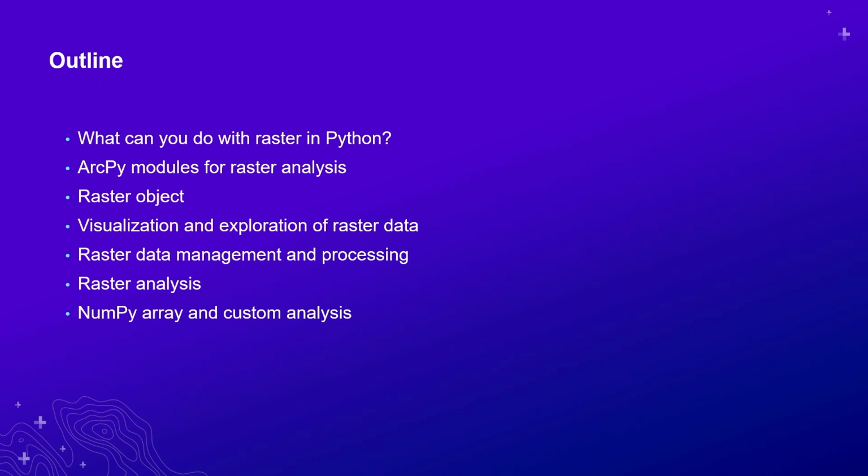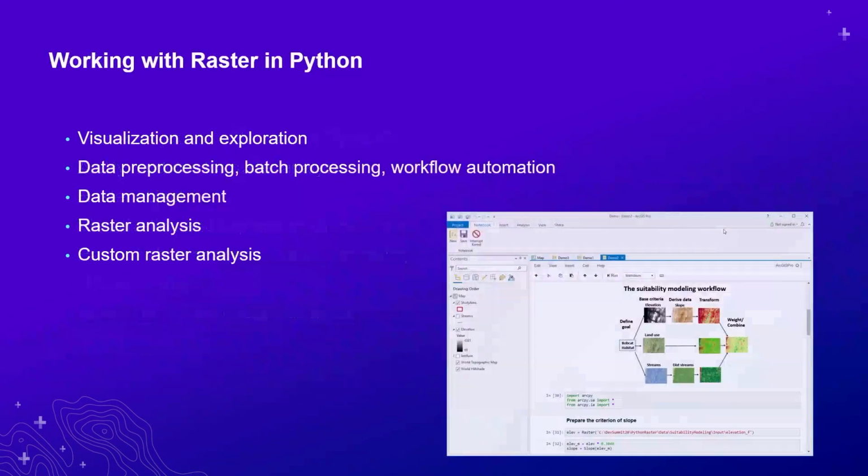Then we'll switch to do some work, and we'll talk about how you can visualize and explore raster data, followed by some raster data management and processing. Then we'll switch to our most interesting thing, which is analysis. So we'll show you how you can do raster analysis using Python, and then finally we'll get to NumPy Array and how it can help you to do some custom analysis. So let's get started.